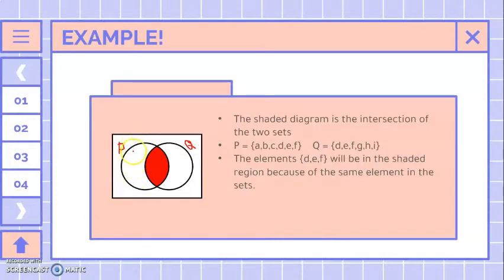So for set P you have A, B, C, D, E, F. So for set Q you have D, E, F, G, H, I. So D, E, F is the same as set P, so it will be here in the intersection region.